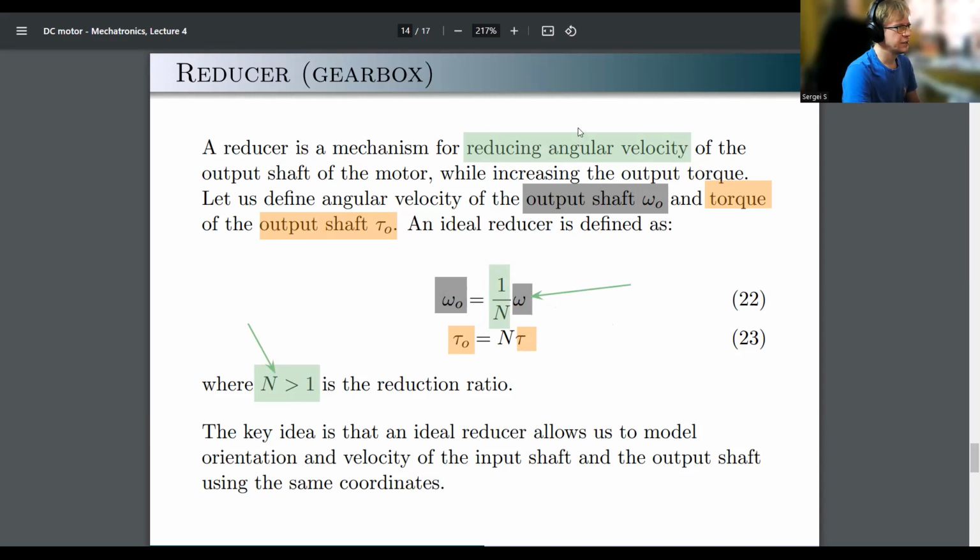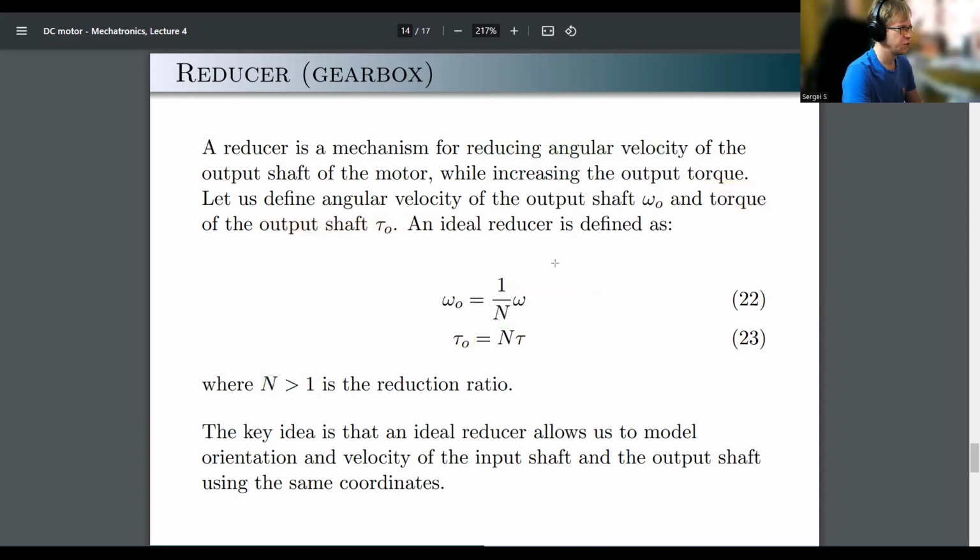Now, the key idea of the ideal reducer model is that we could model orientation velocity of the input shaft and the output shaft using the same coordinates. Let's look at this for just a second to understand what I mean. So here is the internal shaft of the motor.